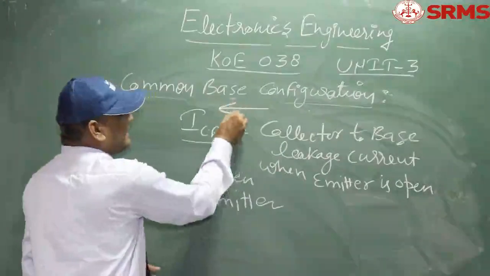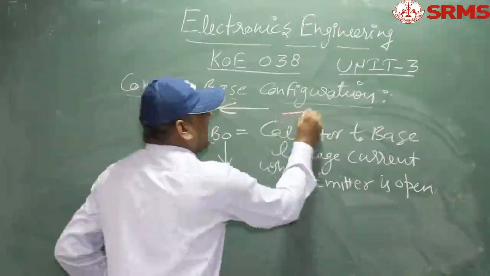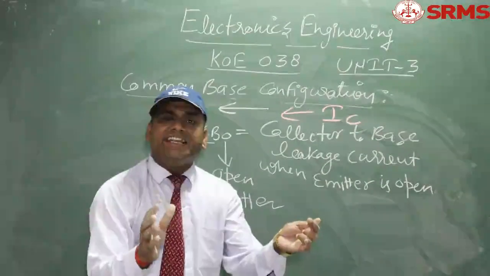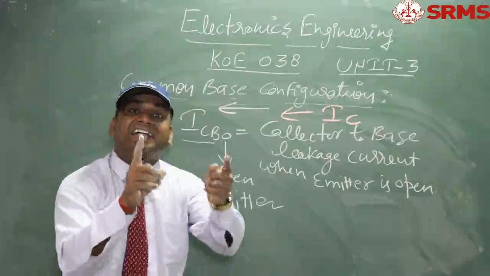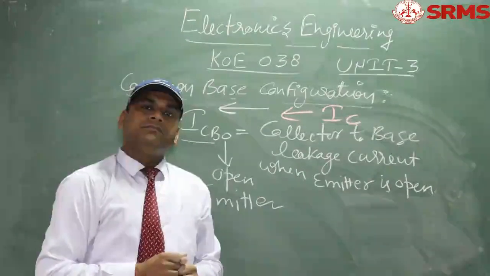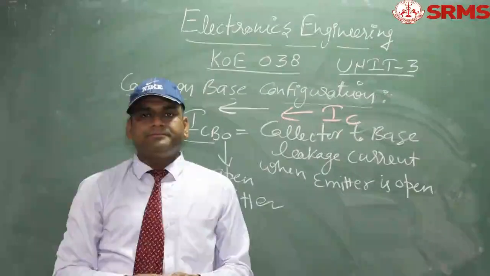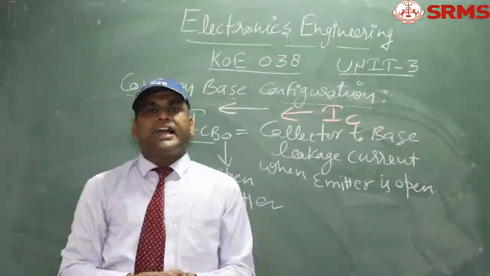So this is the direction of ICBO, and in the same direction IC is also flowing. So somewhere reverse leakage current is going to be added into the collector current. So it will support the collector current.